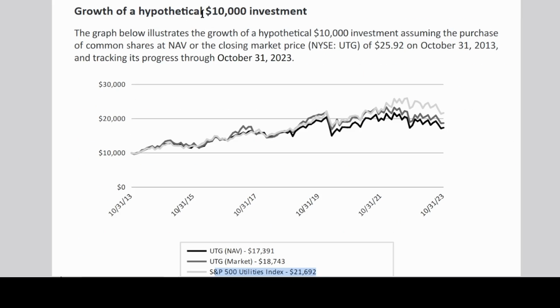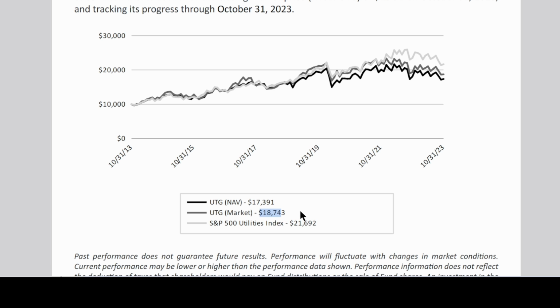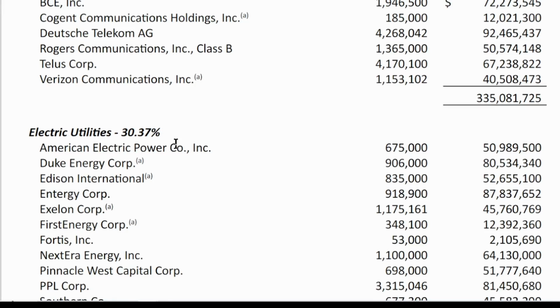And so looking at the growth of $10,000 invested in 2013 of this fund, you'll see that the market price is about 18,700, but that still doesn't beat this gray line of the S&P 500 Utilities Index, which would be 21,700 approximately. Now, here's a breakdown of the investments they have.